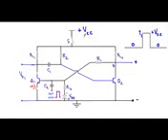Okay, now if I supply this VCC voltage by closing the switch S, here you'll see that as the transistor Q1 is in off state, therefore the collector current IC1 of this transistor will be equal to 0. Therefore the voltage drop IC1 RL1 across this resistor will be equal to 0.